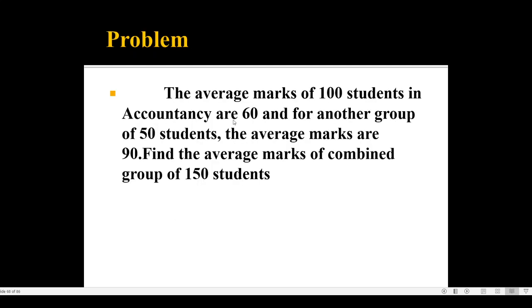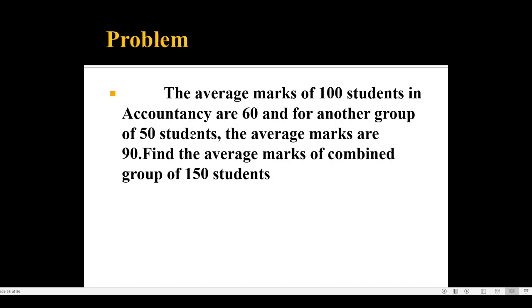Then take one more problem. The average marks of 100 students in accountancy are 60 and in another group of 50 students, the average marks are 90. Find the average marks of the combined group of 150 students. Here, for the first group of 100 students we consider n1, therefore n1 is 100 and its average marks are 60, therefore x1 bar is 60.